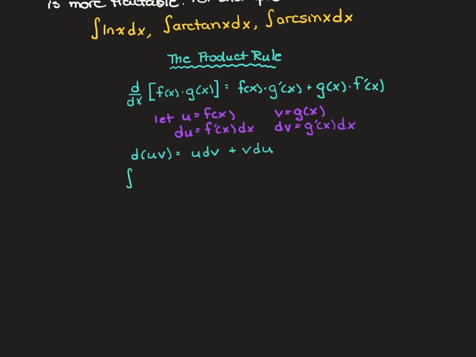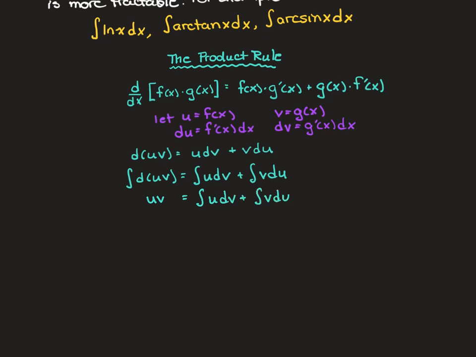So the integral of u dv plus the integral of v du. Now, on the left-hand side, the integral of the derivative of u times v is just u times v. So uv is the integral of u dv plus the integral of v du.